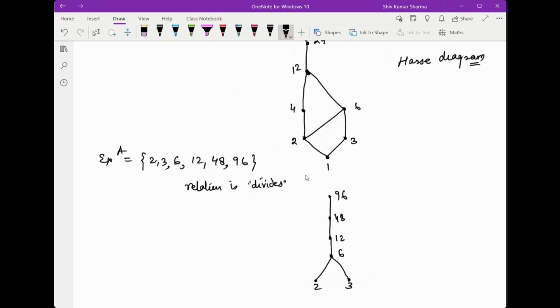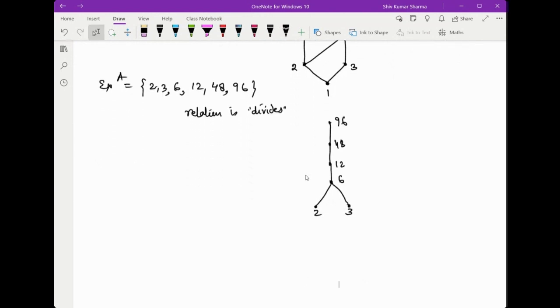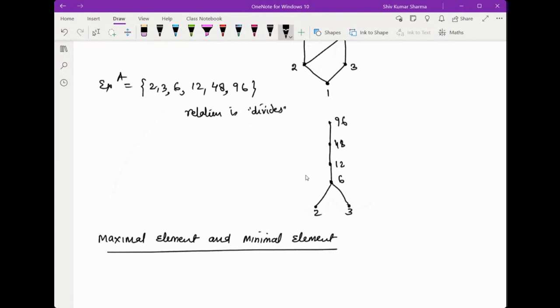Okay, so now the next definition we write is the maximal element and minimal element of a Hasse diagram.